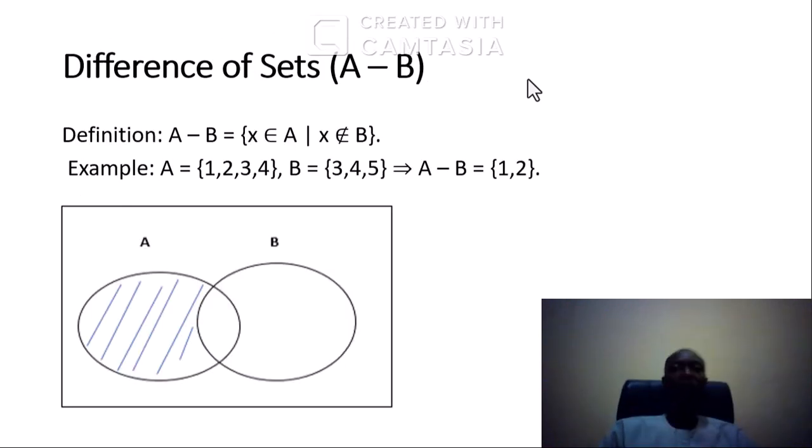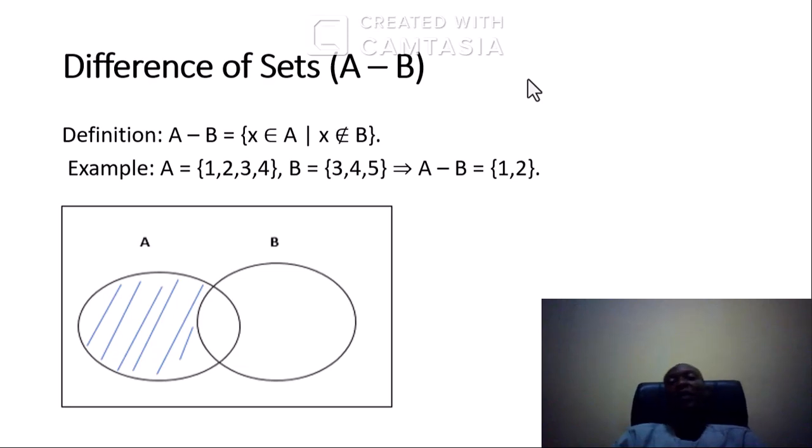Let's go to difference of sets. Difference of two sets A and B, that is A minus B, is the set X such that we have the elements that are in A but not in B. That is basically what the difference is.